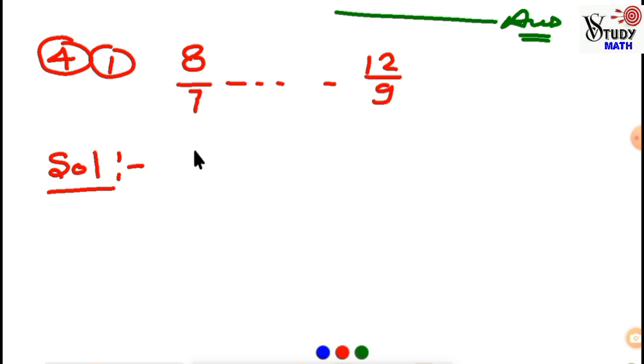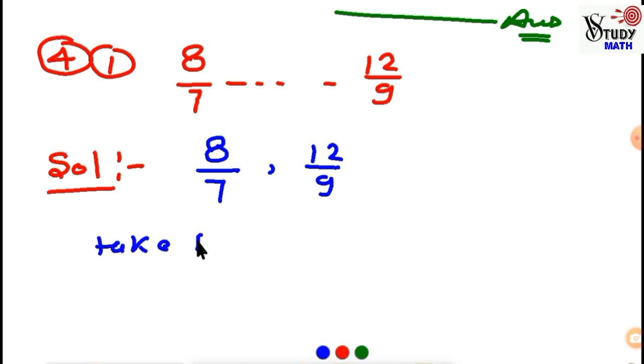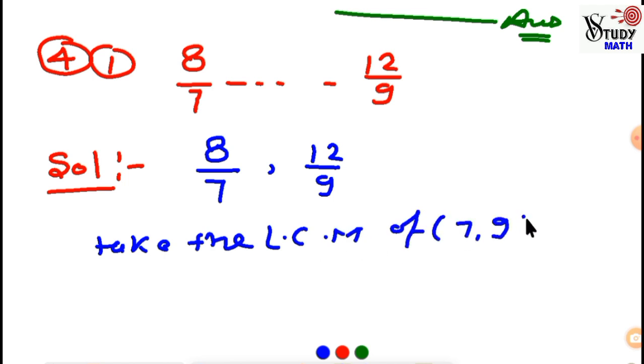First, we take the LCM. We have two rational numbers, 8 upon 7 and 12 upon 9. Take the LCM of 7 and 9, that is 63.